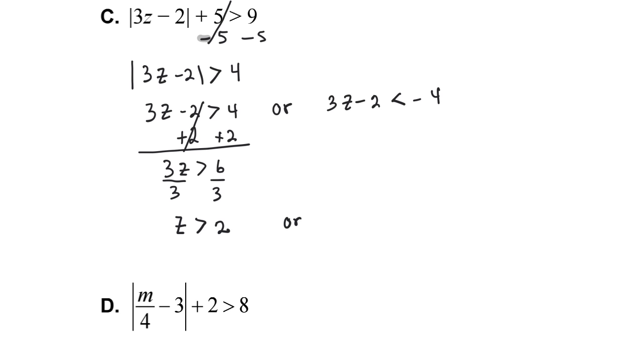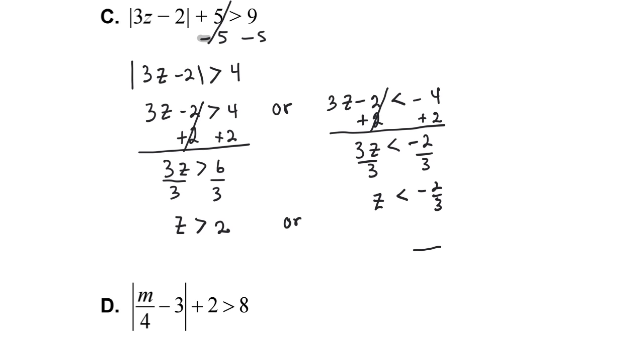Or, so the second inequality, you're going to add 2 to both sides, so we have negative 2 plus 2, which is 0. You're left with 3z is less than negative 4 plus 2, which gives you negative 2, divided by 3. So z is less than negative 2/3.